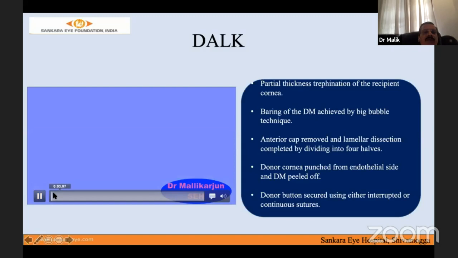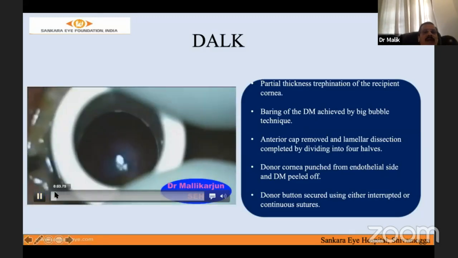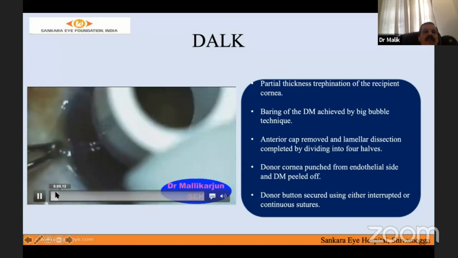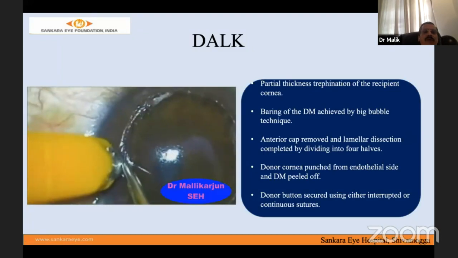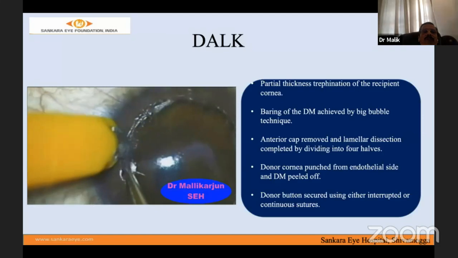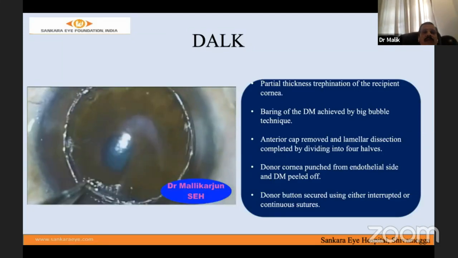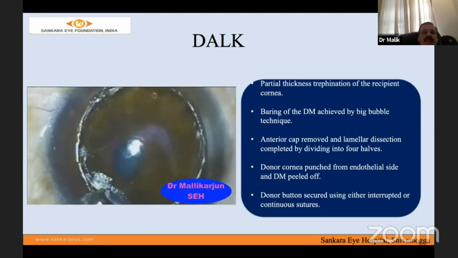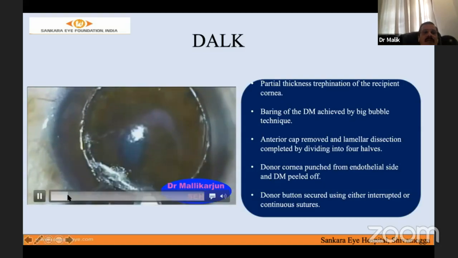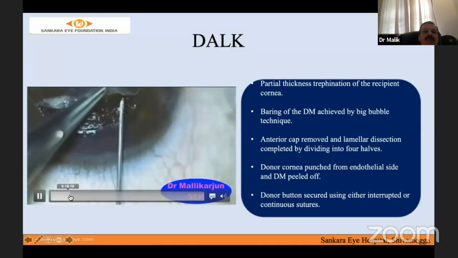I have run a small video. As you see, as I explained earlier, we remove the stroma up to the endothelium. First, I made a partial thickness trephination, and slowly I am extending the groove.